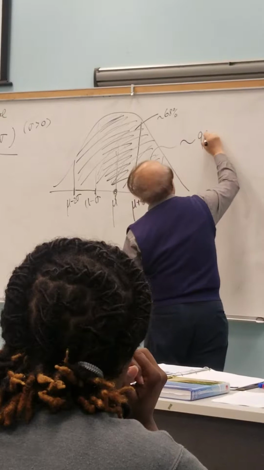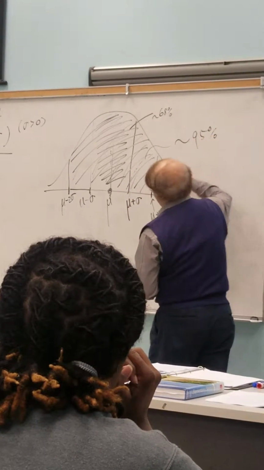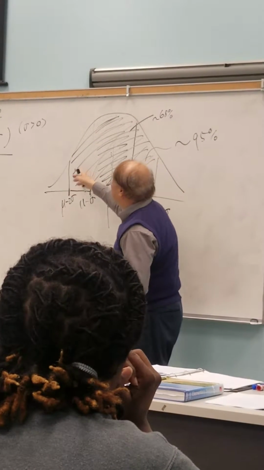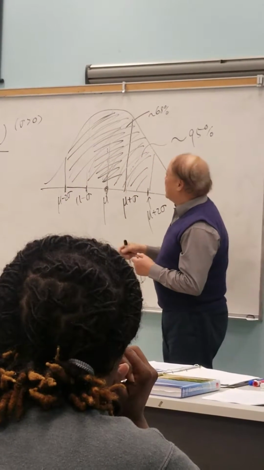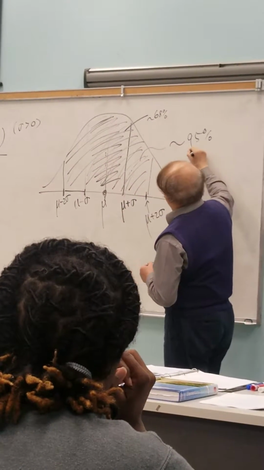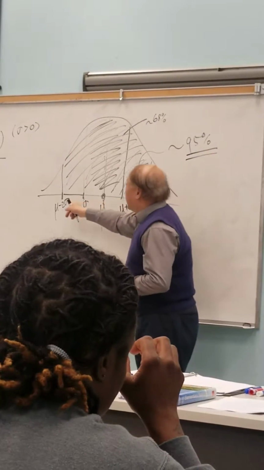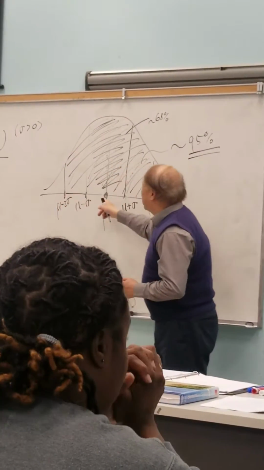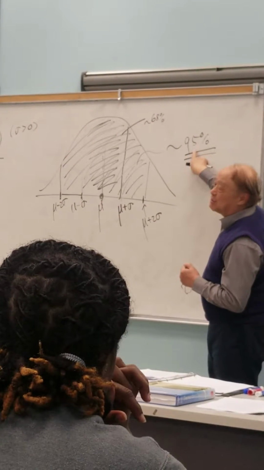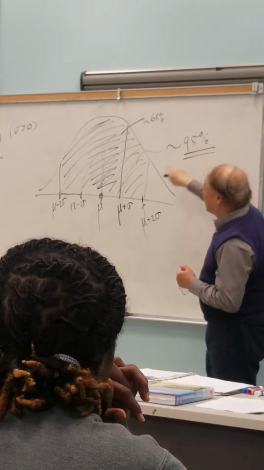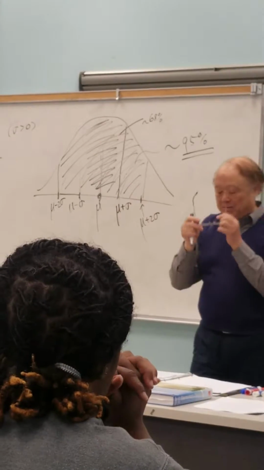How many percent of the population is within 2 standard deviations from the center? The empirical rule says roughly 95%. Oh, it's from here again.